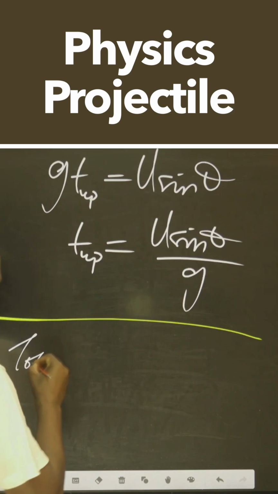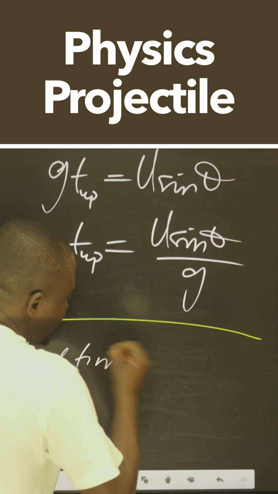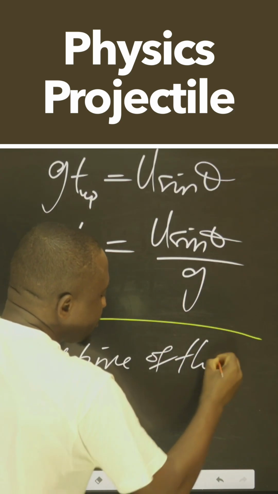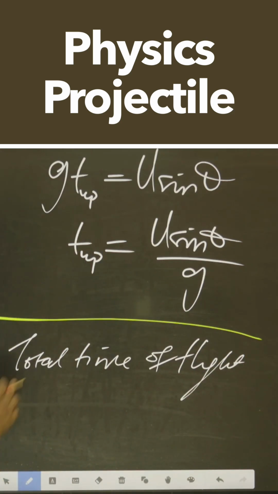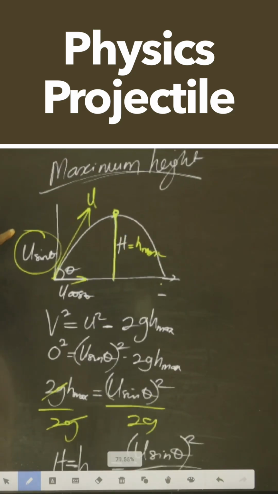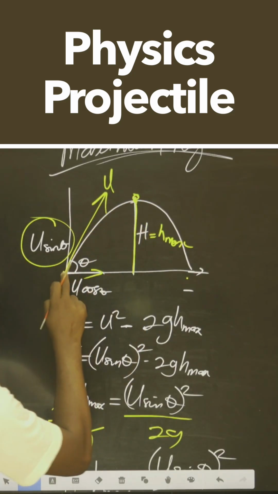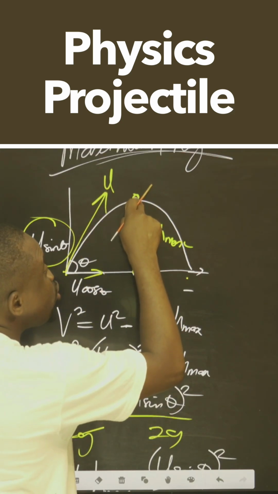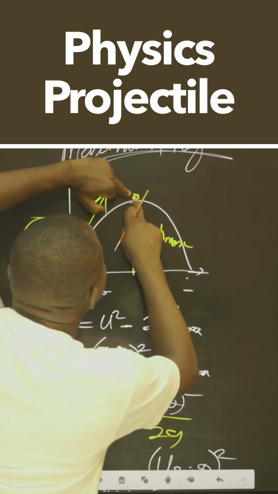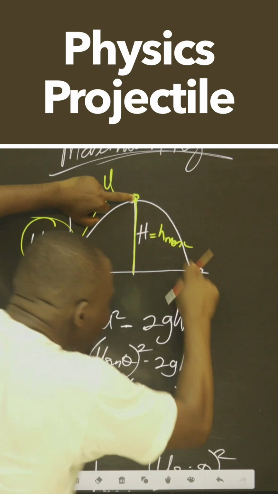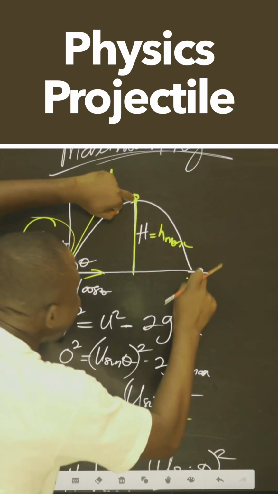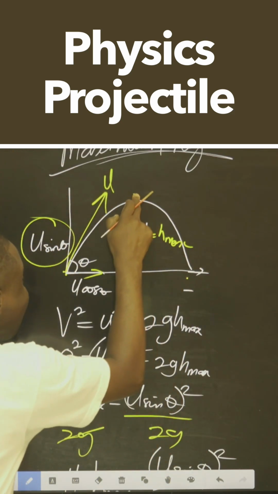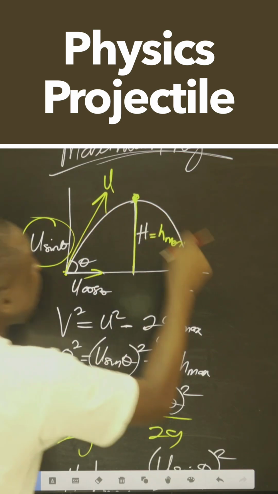So the total time of flight, we are going to call it capital T, is equal to the time it took you to reach here. Remember, what we just calculated is the time it took the stone to reach the maximum height. It is the same time the stone takes to come back down. So whatever you got here, the time taken to reach here, multiply by 2.